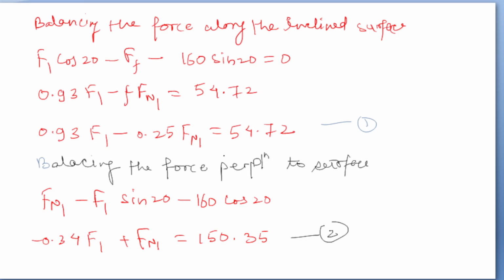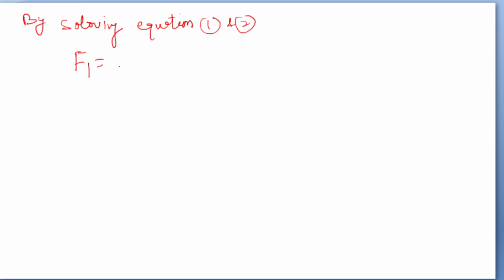These are linear equations with two variables. Solving equations 1 and 2, we get F1 equal to 109.23 Newton and normal force Fn1 equal to 187.5 Newton.